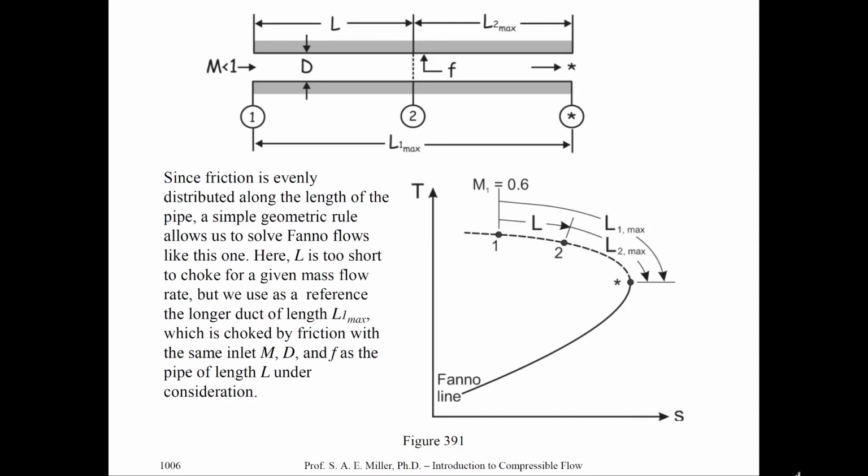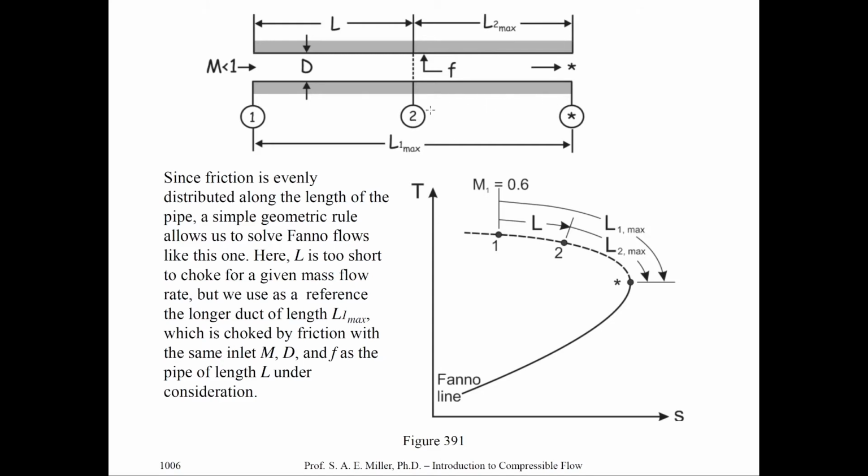Up here we have a particular duct and we're at state 1. The choked condition shown as L sub max or L sup star is from 1 to the sup star. The actual state which we're going to is at 2, which is a distance from 1 to 2 of L. Also note that state 2 also has a corresponding L2 max to choke the flow, which is also the same distance.